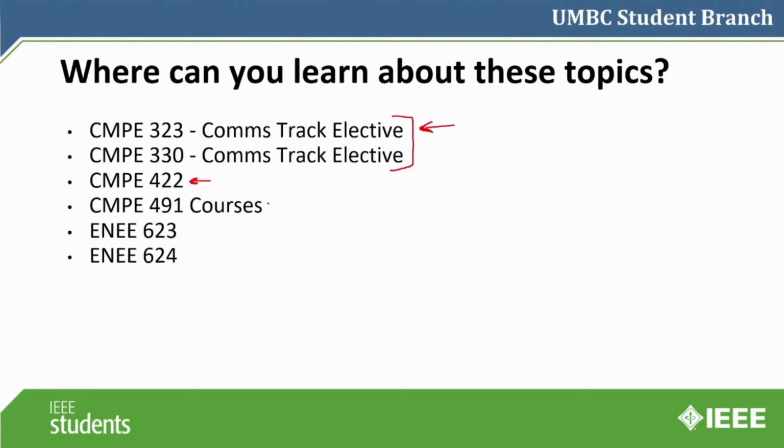Then you have the Compi 491 courses, which are cross-listed with the graduate level ENEE courses. These are where you learn about communications theory, about the modulation, about encoding and data rates. You'll learn about noisy signals and how to detect and prevent noise and how to handle it. And you'll also learn some transmission stuff as well.